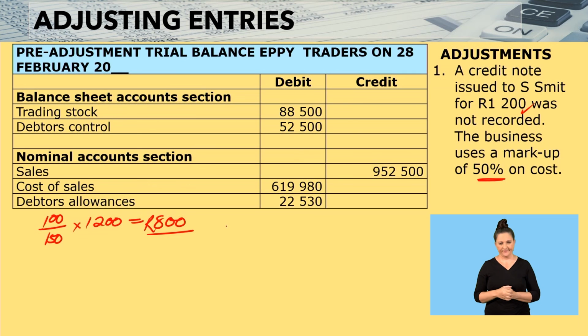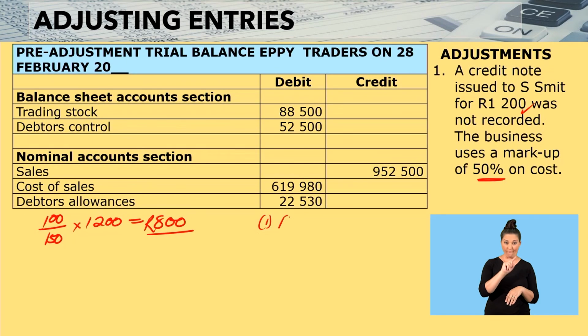So as we start with the general journal, I will have two amounts. The first amount is 1,200 and the second amount is 800. These are the two amounts that I'm going to use when I adjust.